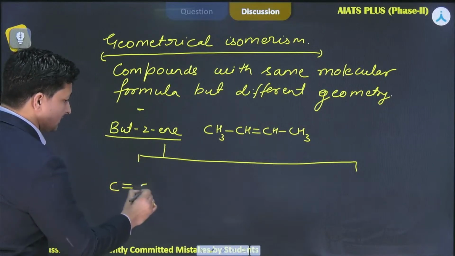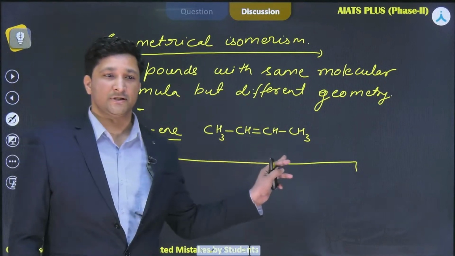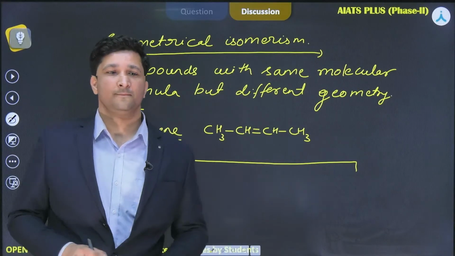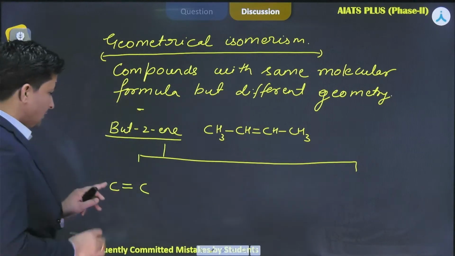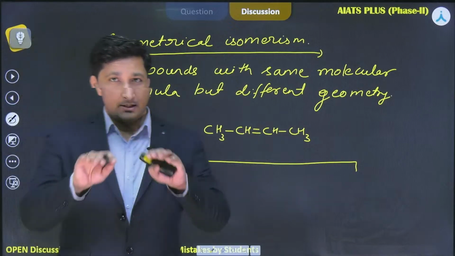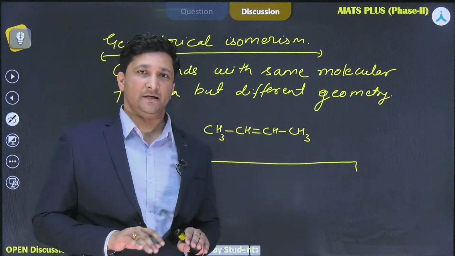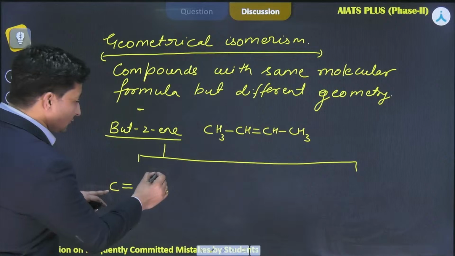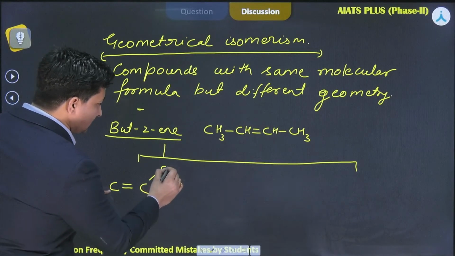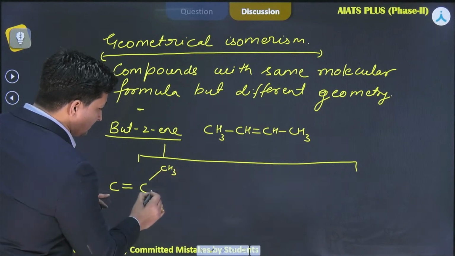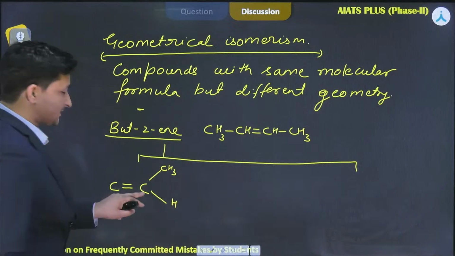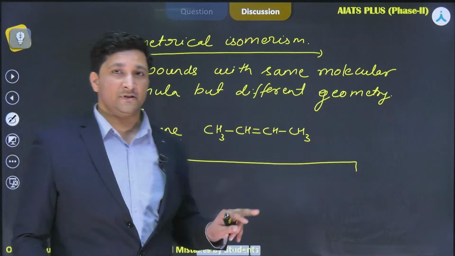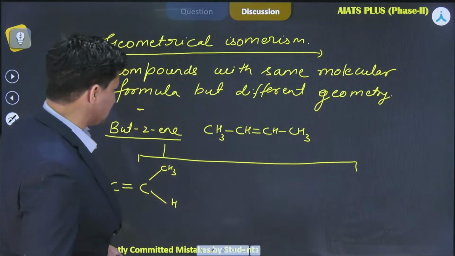This C double bond C, present at the second position, is basically a planar molecule, with bond angles of 120 degrees. Here one CH3 is there and one hydrogen is there. So this carbon is sp2 hybridized and has a planar structure.